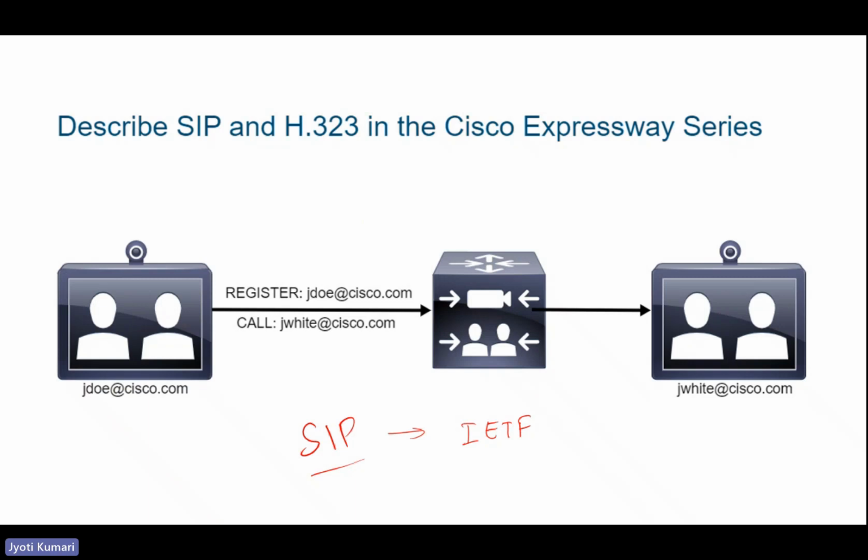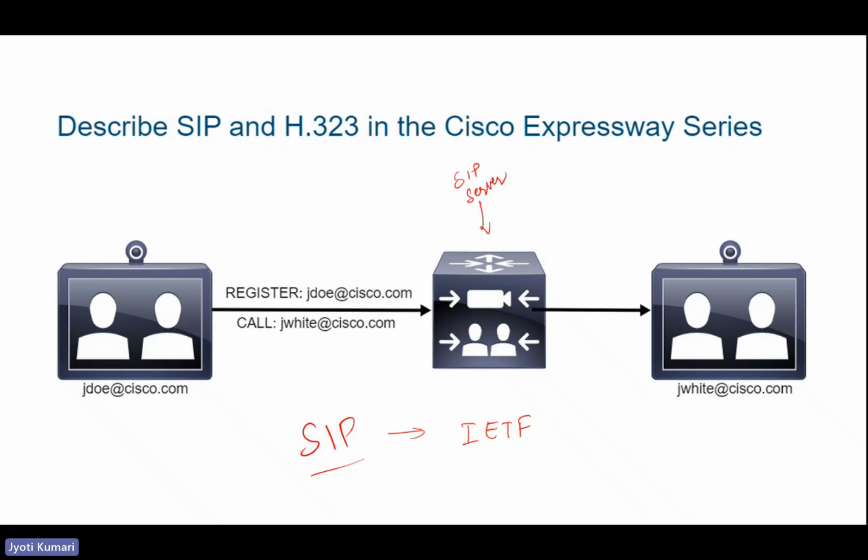By design, SIP requires the use of a SIP server to function as the call control device for all SIP enabled endpoint activities. The SIP server performs functions like registrar and proxy functions, and the SIP server in our case is the Expressway. So this acts as a SIP server for SIP endpoints, performing the proxy and registrar functions for registrations and call services.